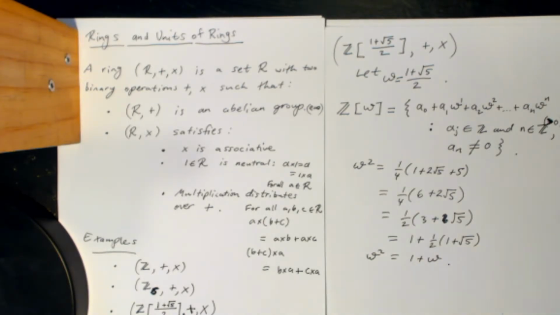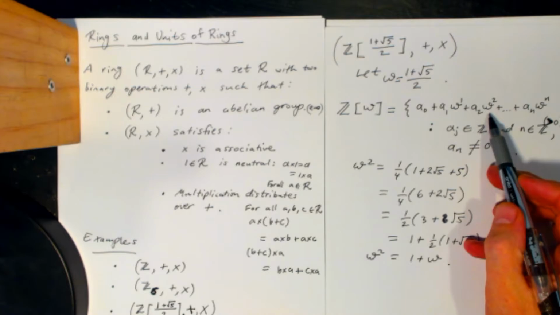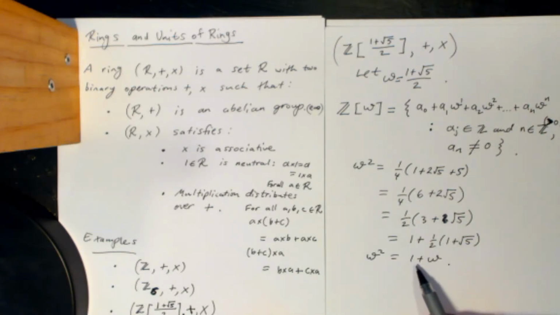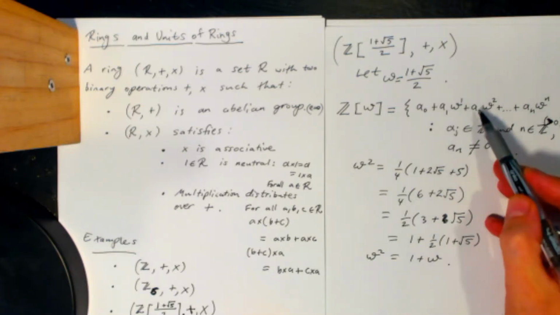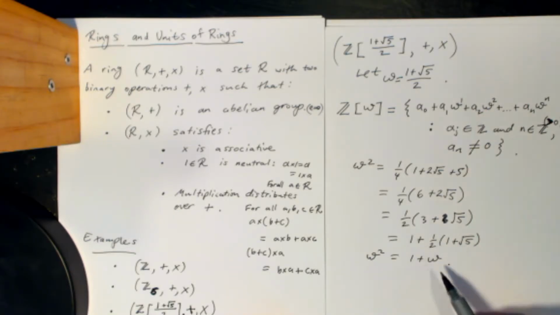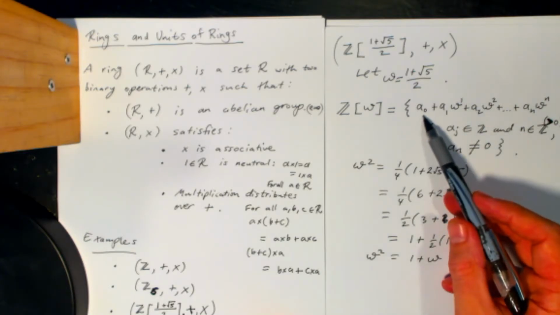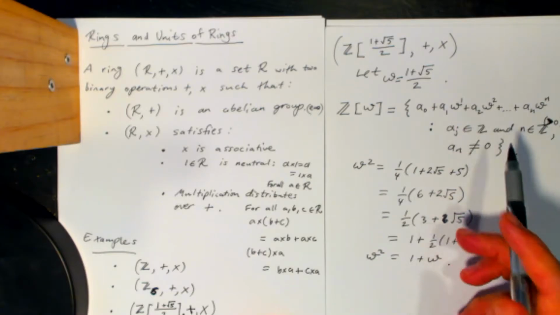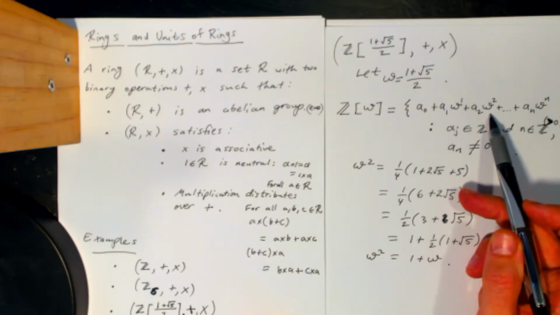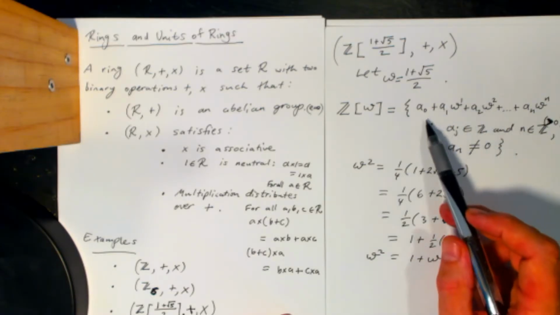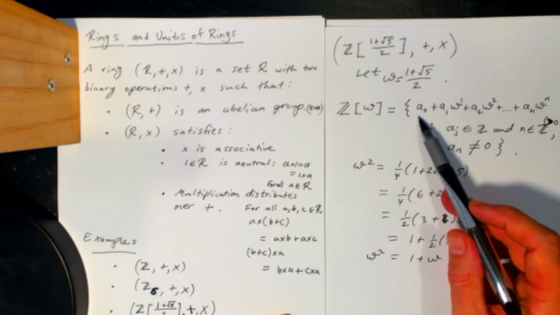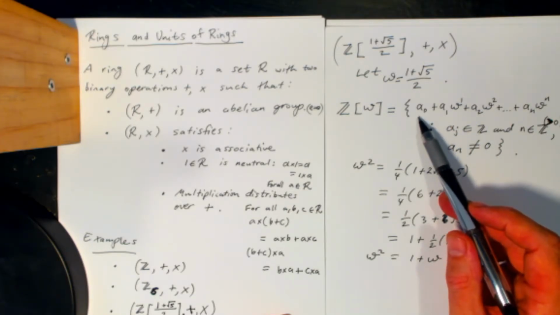So what that means is that you can replace omega squared there with 1 plus omega, and when you expand that a2 and distribute across the 1 plus omega, you will have terms in no omegas and omegas, so you can represent this third term in terms of new coefficients, say a and b.